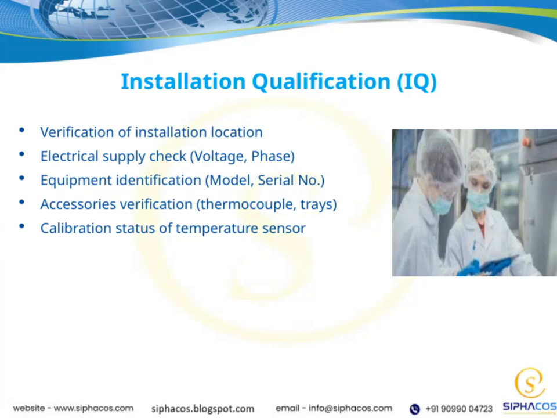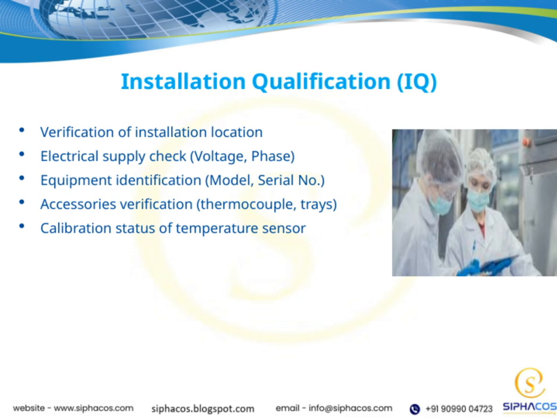Let's now move on to the installation qualification, or IQ, which is a crucial step in ensuring our equipment is properly set up. First, we verify the installation location to make sure it's suitable and adheres to the specified requirements. Next, we check the electrical supply, confirming the voltage and phase are correct to prevent any operational issues.